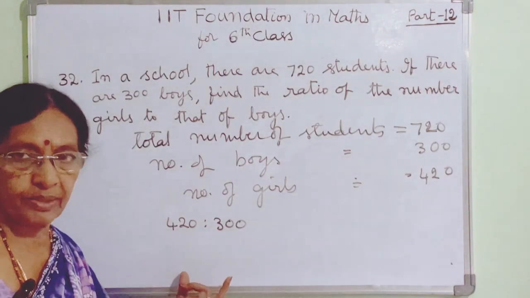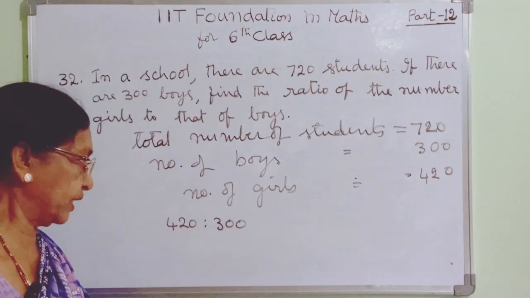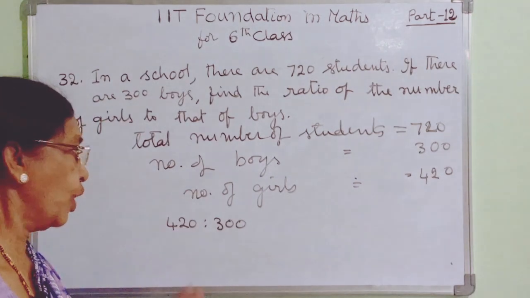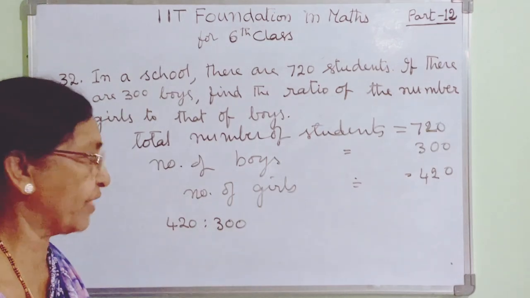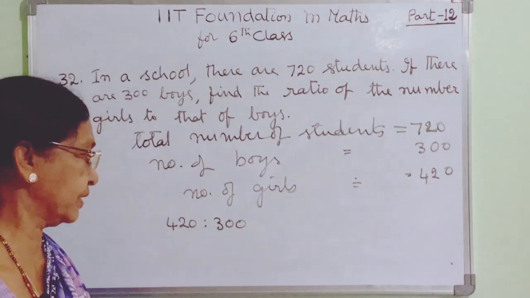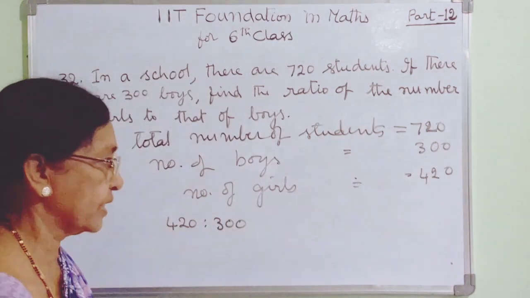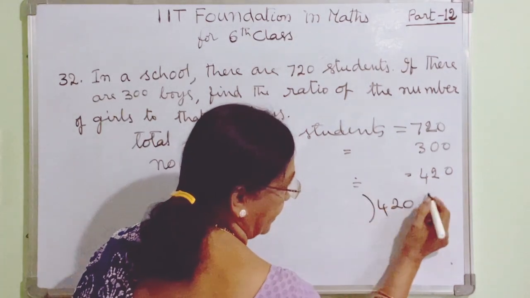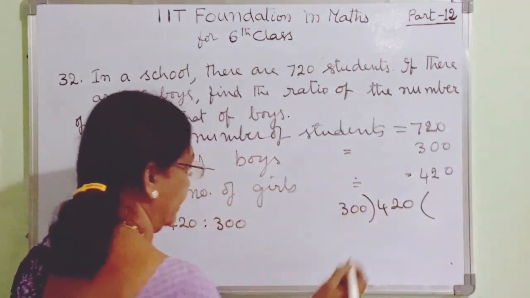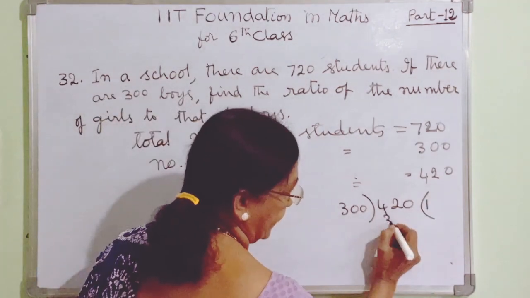This is not in the simplest form because both are divisible by 10, both are divisible by 2, etc. So we will find the HCF of the two numbers, the highest common factor. Then we can divide the two parts by the HCF. To find the HCF, the greater number is divided by the smaller number. 420 divided by 300, 300 once 300.